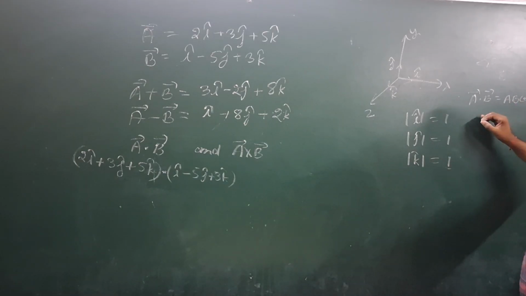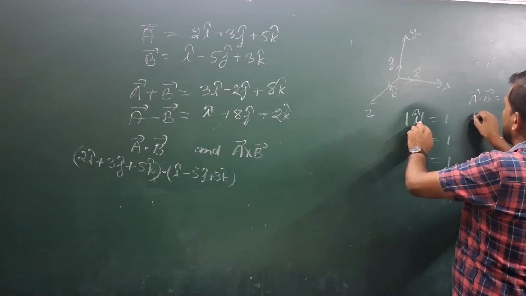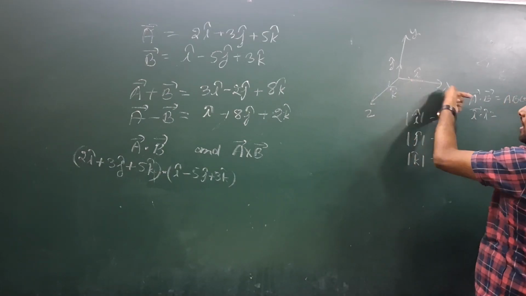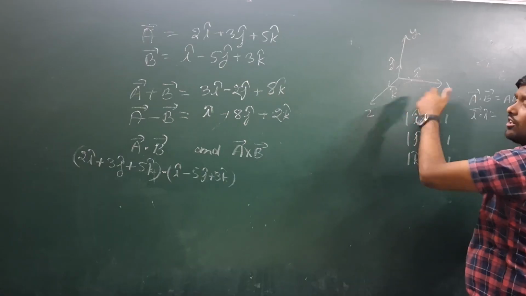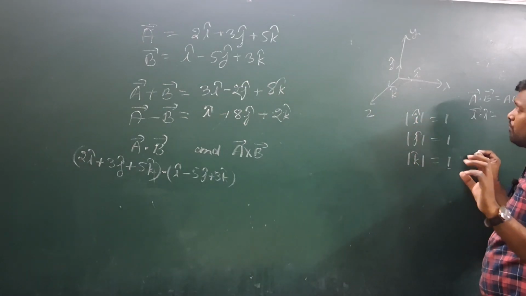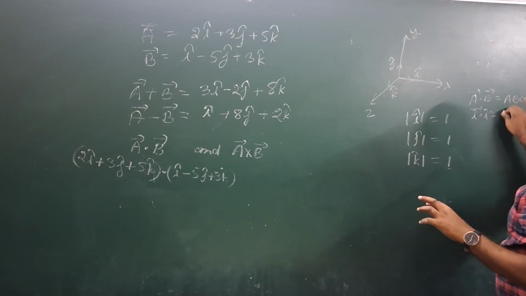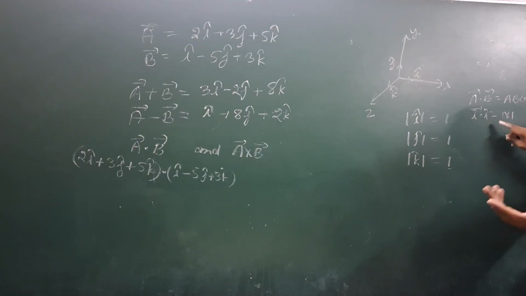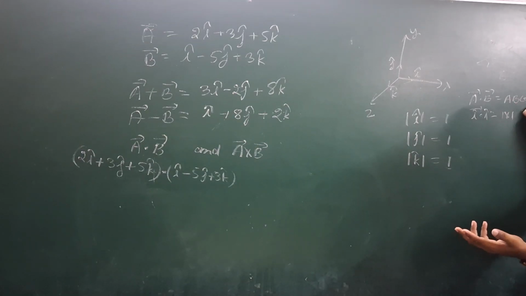Similarly, if you apply it for i dot i, the angle between i and i is 0. Then we get 1 into 1, because the magnitude of i is 1, and the angle between them is 0, cos 0. Cos 0 becomes 1, then we get only 1. i dot i is 1.